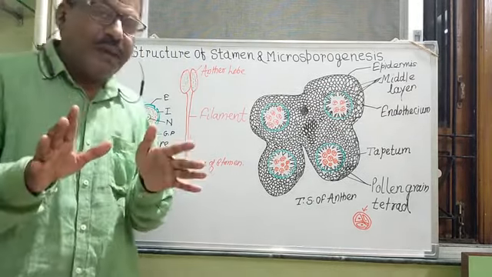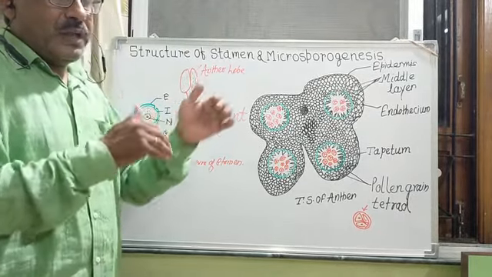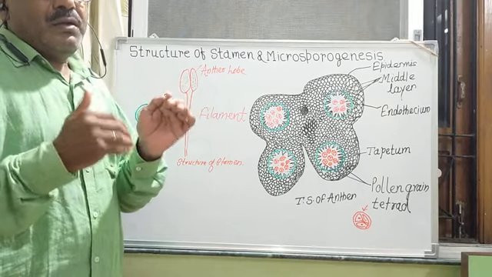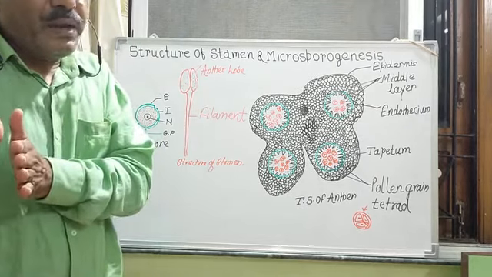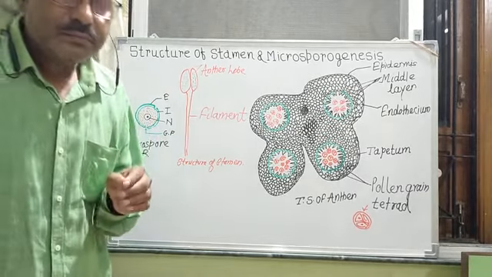So on the basis of the presence of the whorls, the flower may be complete or incomplete.